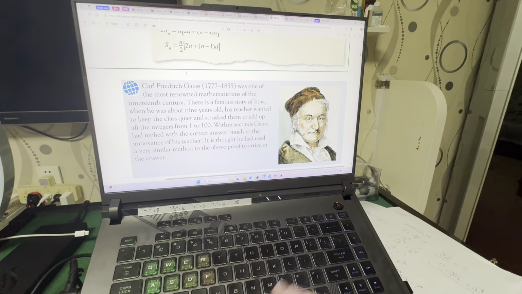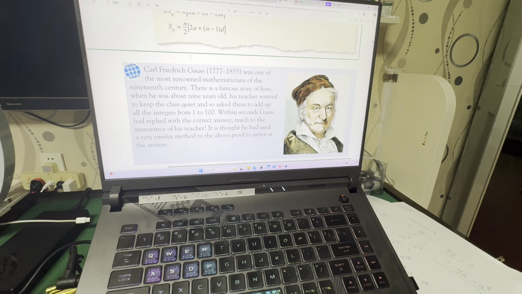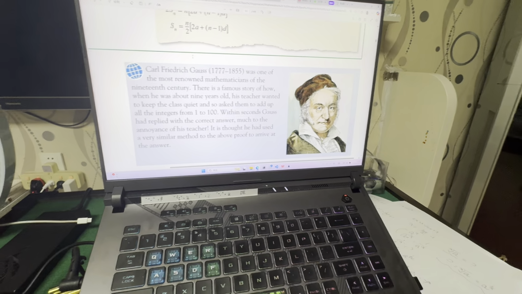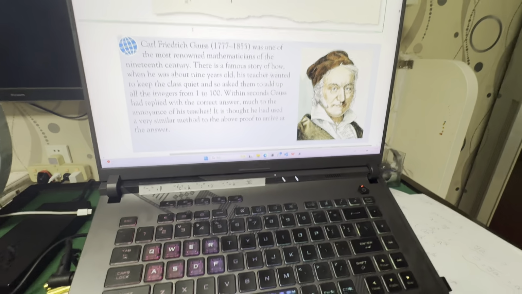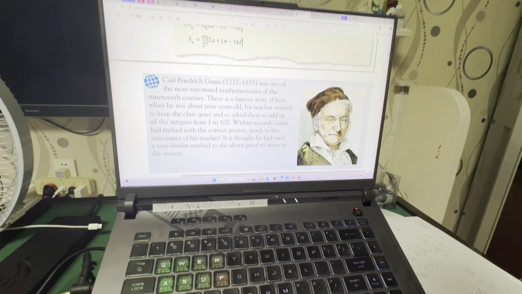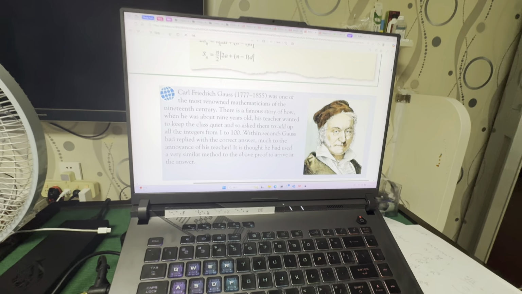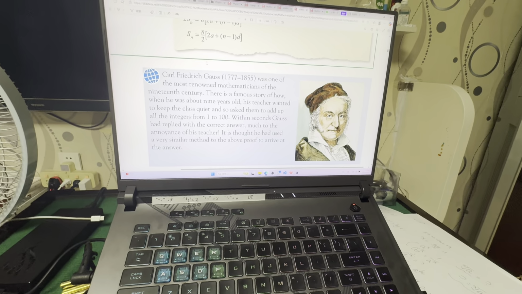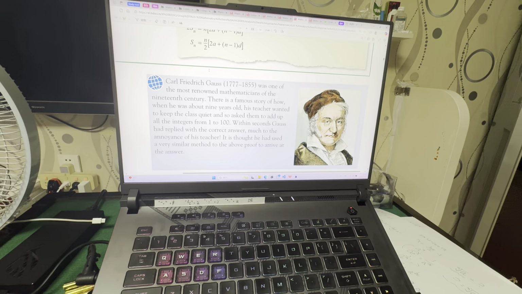So here's a story about Gauss. I don't know how to pronounce his name in English, but I remember he and his classmates made a mistake in math class.